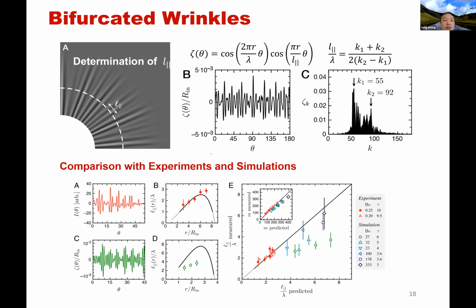After we have these analysis tools, we compare the theoretical prediction with experiments and simulation, and we get agreement, at least in the trend: when you move away from the inner surface to the outer surface, L parallel increases in both the experiments and the simulation. We did various simulations and experiments, and the general trend is consistent with the theory.